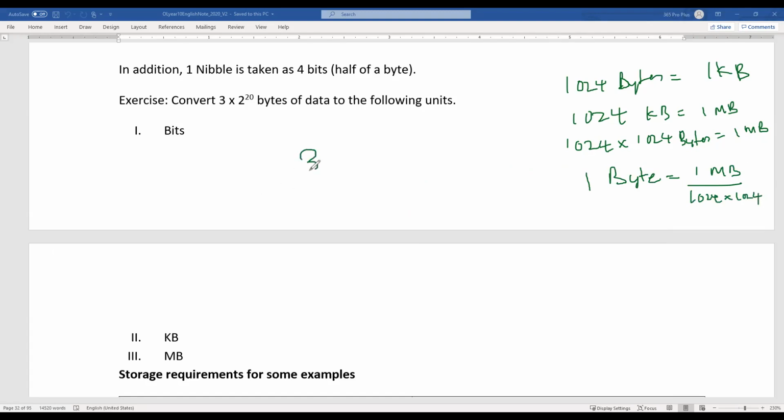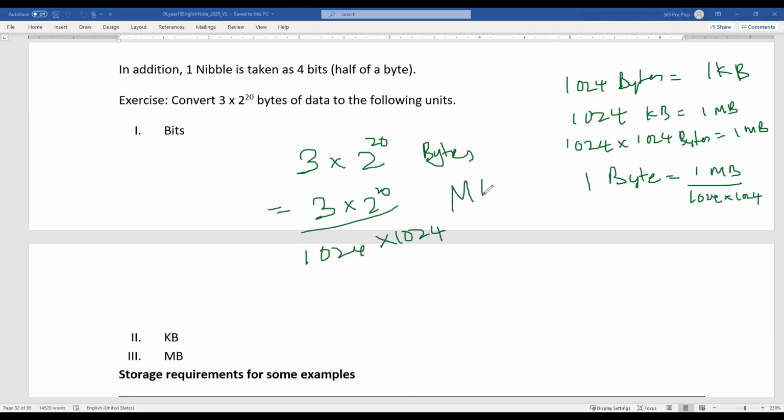Now we can finish. 3 into 2 to the power 20 bytes, if you divide this by 1024 into 1024, we'll get megabytes. 1024 means 2 to the power 10, so that means 3 into 2 to the power 20 divided by 2 to the power 20. So that means 3 megabytes.